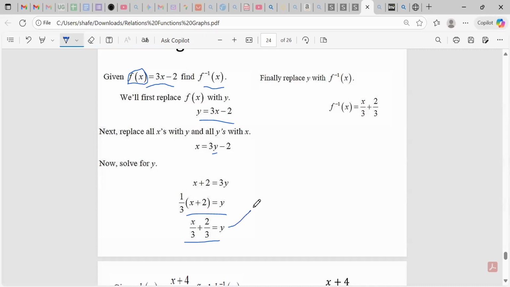And now the inverse, this is how you write it. f, you put a minus 1 on top there, (x). f inverse of x equals x over 3 plus 2 over 3. Right? You can also write it like this. So you can write it how they have it here, 1/3 (x plus 2). You can do that. That's not a problem. Same thing.